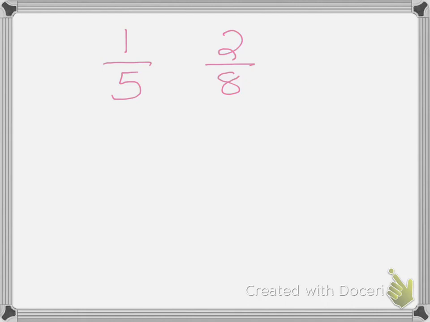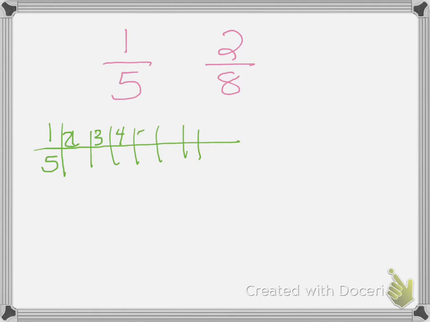And so we're going to take each fraction, and what's the first thing we're going to do? Sideways T-chart, very good. I'm going to take 1/5, and I'm going to count it out. I've got 2, 3, 4, 5, 6, 7. This is 5, 10, 15, 20, 25, 30, 35, right?